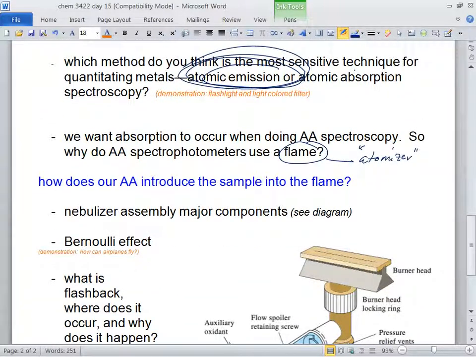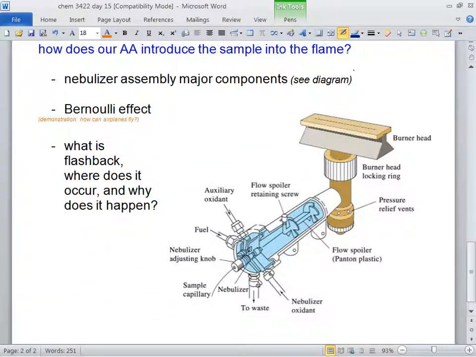So how does our AA introduce the sample into the flame? We've got this nebulizer assembly. Here it is. So where in this picture is that little white Teflon tube that you insert into your sample, and then it sucks it up? There it is, sample capillary. There's our white tube. That's what's sucking it up.